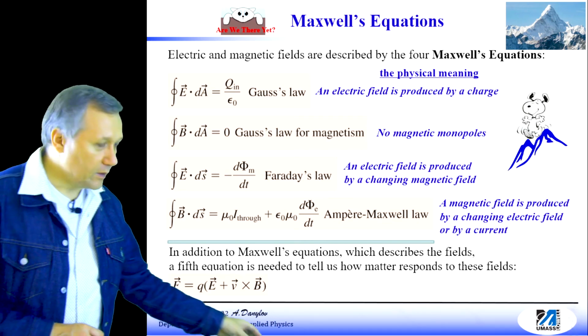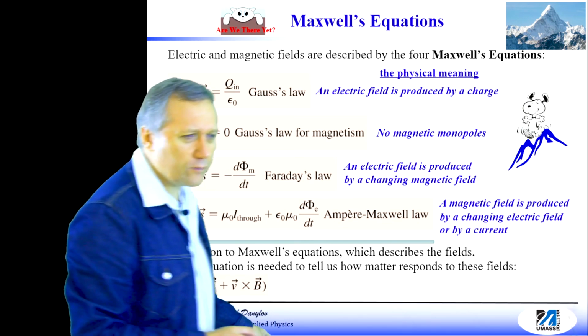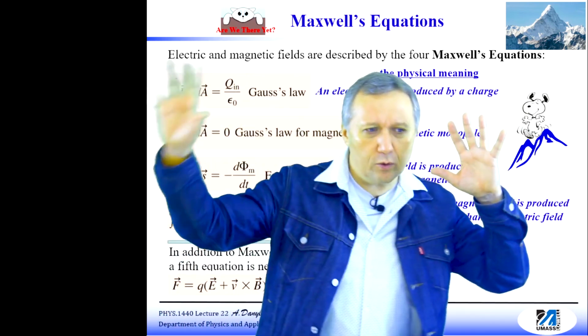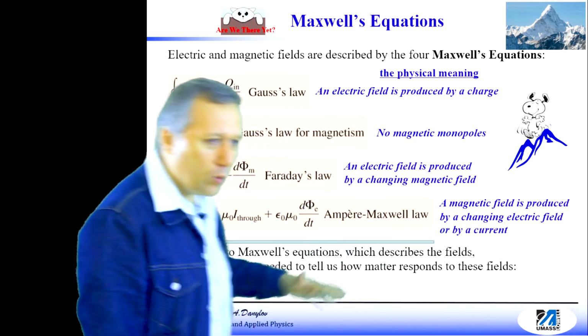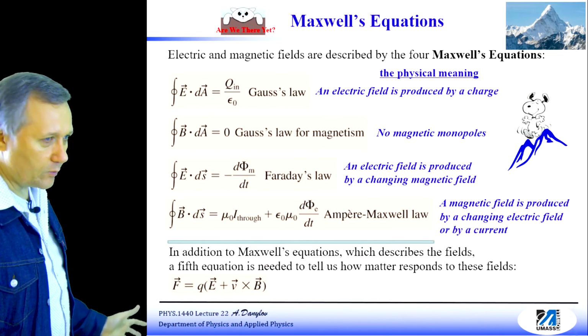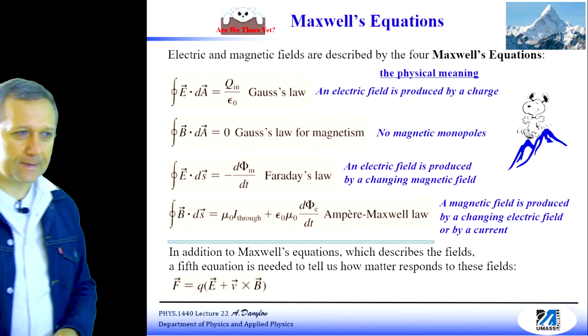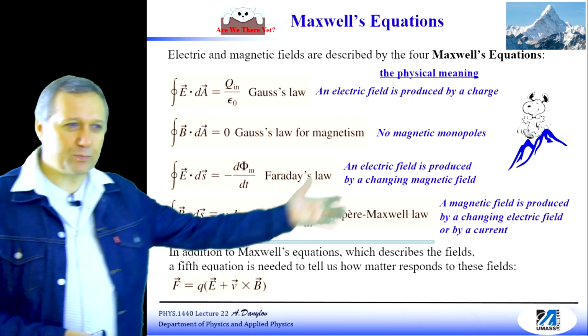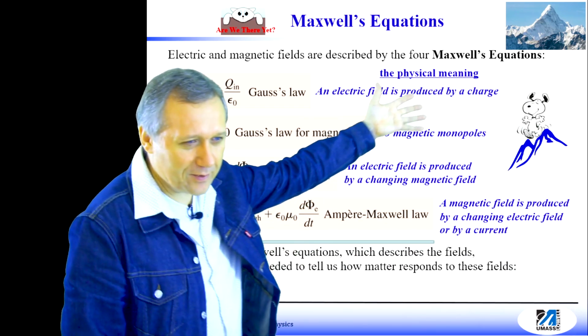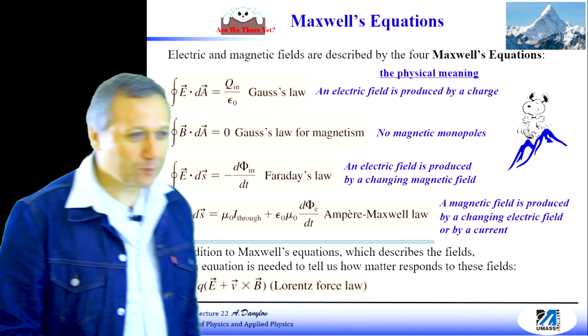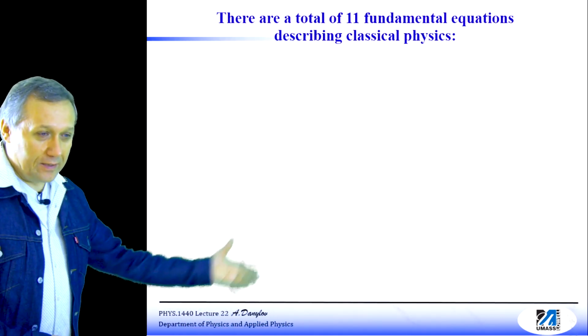The rest of the laws, Ohm's law and so on, can all be derived from these equations. This is the true foundation, and that's why I put this proud, happy peanut picture. Okay, so yeah, the Lorentz force.